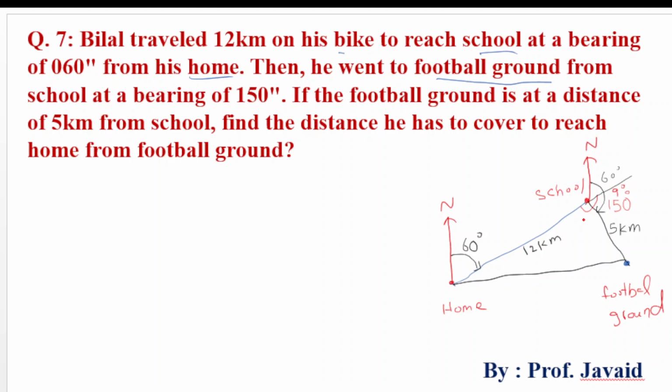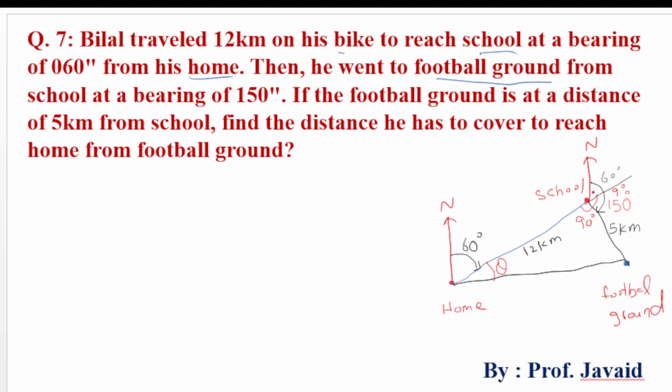The total is 180, so this must be 90. I think you understand, and we still don't know about this angle. Let me write this angle as theta. Now this 90 degrees, we have found it.